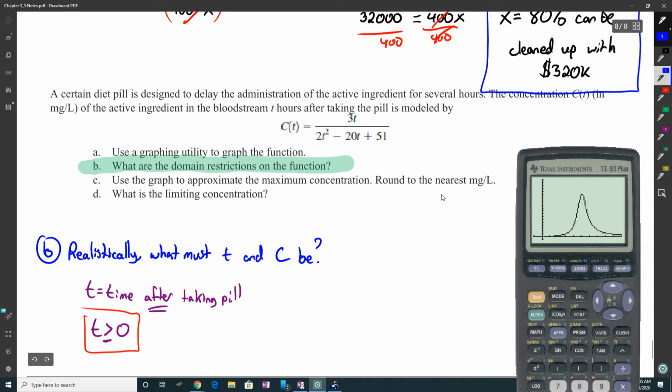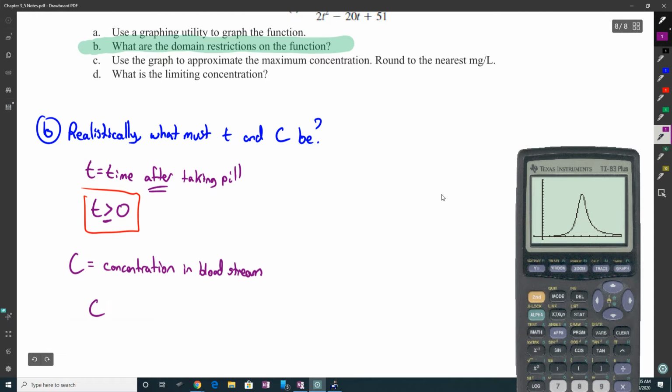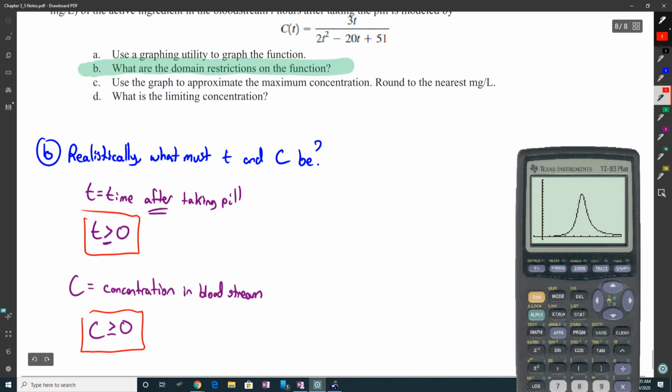Now C is the concentration in the bloodstream. And the concentration in the bloodstream, again, that has to be greater than 0. You can't have a negative concentration of something. It's either in there or it isn't. And if it isn't, it's 0. So that's what they mean by the domain.